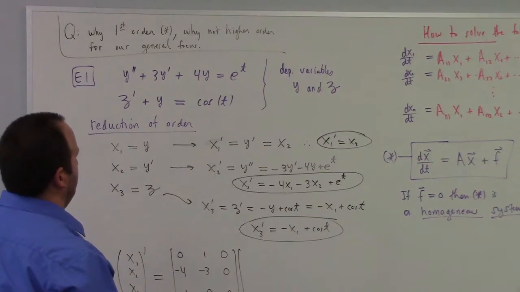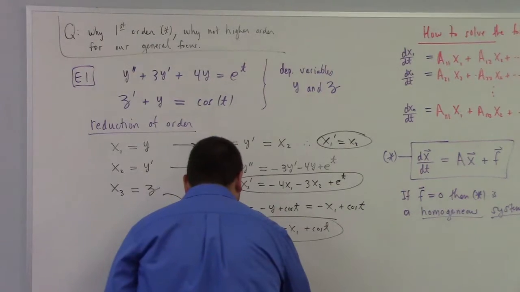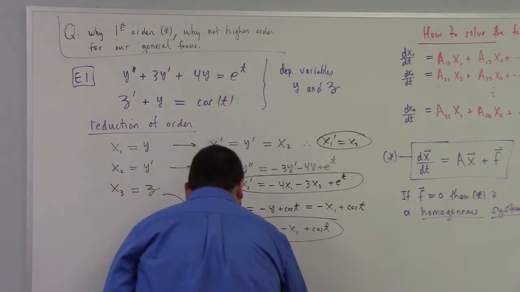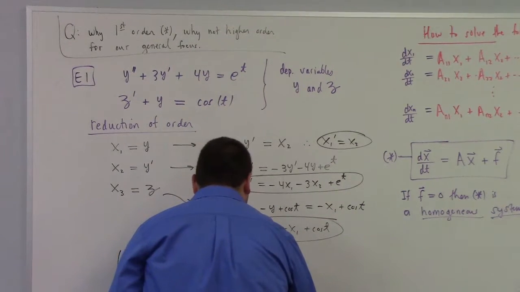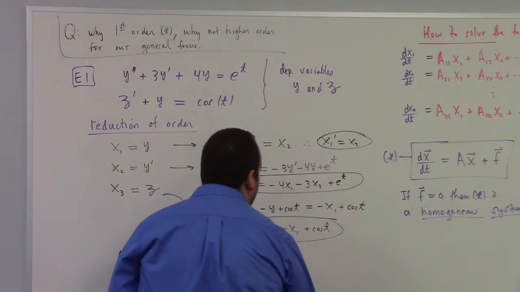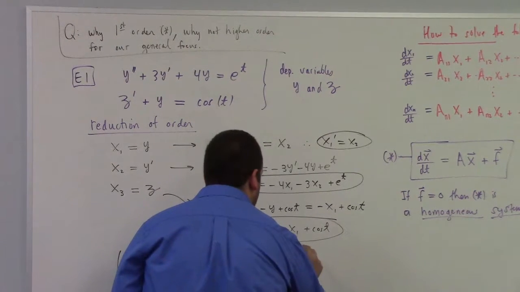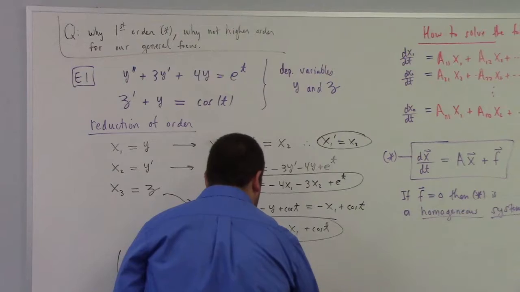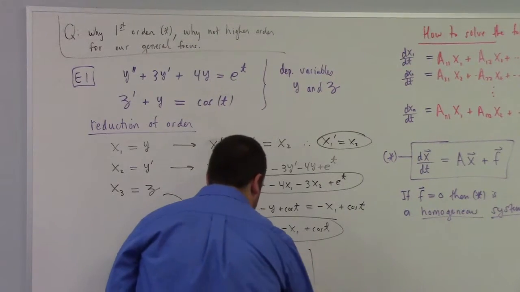That's whack. Okay, times x1, x2, x3, plus what's my forcing vector? 0, e to the t, cosine t.